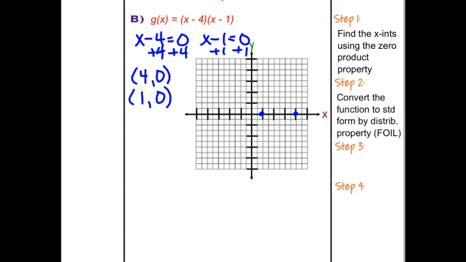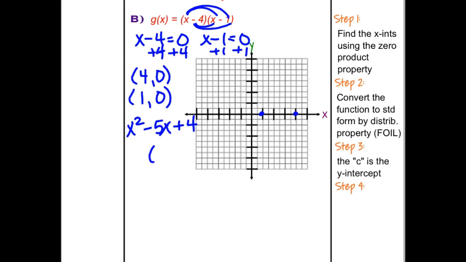Then, step 2 is going to be to convert the function to standard form by distributive property. So we FOIL it out, we get x squared minus x minus 4x, so minus 5x. Negative 4 times negative 1 is positive 4. And once we've done that, our c is our y-intercept, so our y-intercept is 0, 4. So we go up to 1, 2, 3, 4.